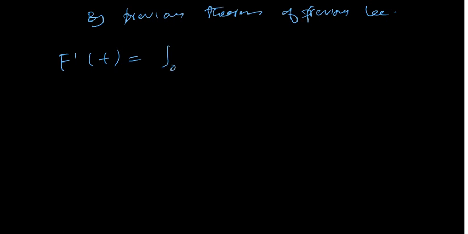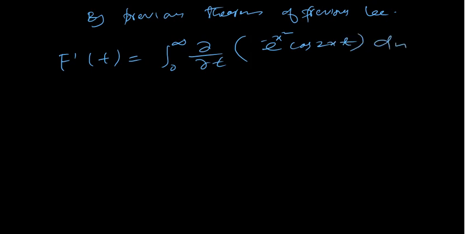It is the integral 0 to infinity of del by del t of the function e power minus x square cos of 2xt dx, because our f of t is the integral 0 to infinity of e power minus x square cos of 2xt. So the derivative of this function is equal to the integral of the differentiation.